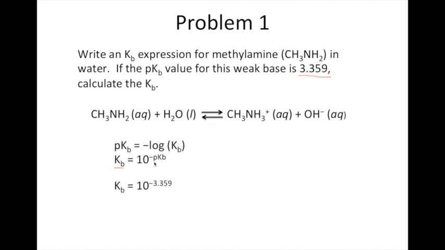I would take 10 to the negative 3.359, and that should yield 4.38 times 10 to the minus 4 for the Kb value. Kb, as well as pKb, has no units associated with that value. So be sure you understand the concept of Kb, and you can convert that into pKb or vice versa if needed.